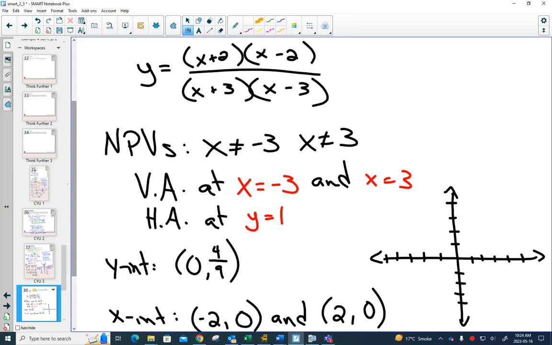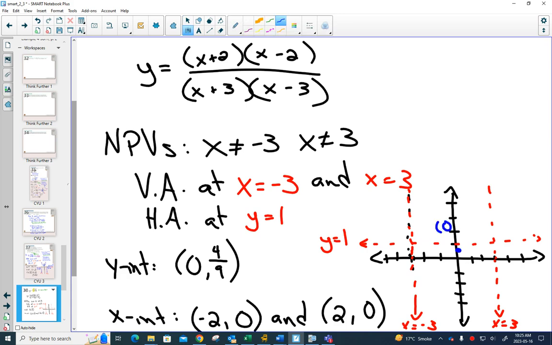So we know that we have asymptotes at -3 and +3, and a horizontal asymptote at y equals 1. (0, 4/9) is our y-intercept, and (-2, 0) and (2, 0) are our x-intercepts.